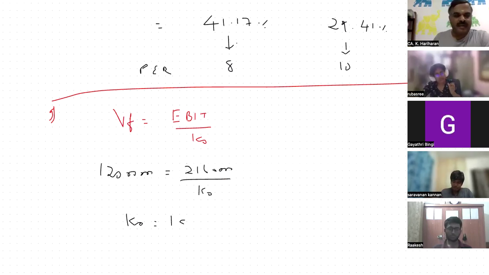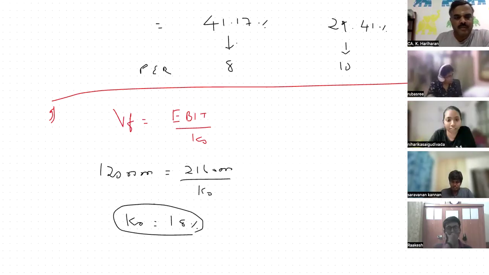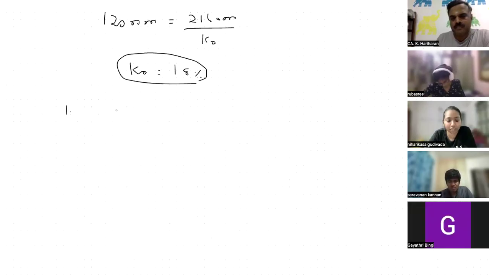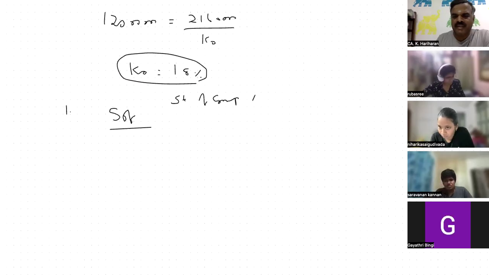Based on the same, we are going to prepare the first situation: a statement for computation of WACC, weighted average cost of capital. Source of fund, cost, weightage, and KO percentage.